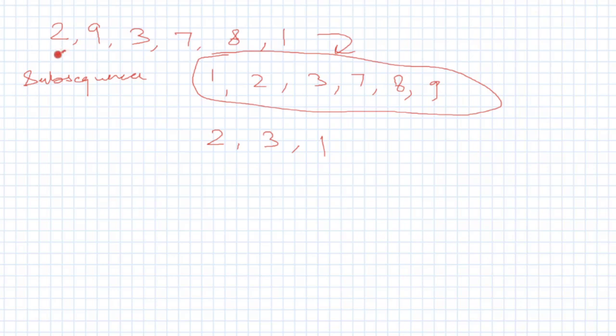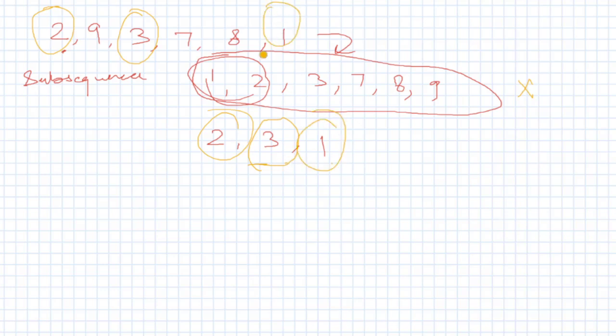Here 2 is the first element followed by 9 and so on. The order is this. But here you see that 1 comes before 2. That means the very first element is violating the order. So when the order is being violated, it's not a subsequence. But here you see 2, then 3. 3 comes after 2 but before 1. Here also 3 comes after 2 but before 1. Again 1 comes after these two. So this is when the order is being followed, which means yes, it is a subsequence. So basically, we want a subsequence but with a condition that it's strictly increasing.